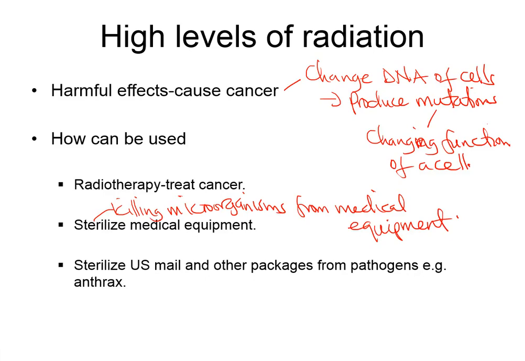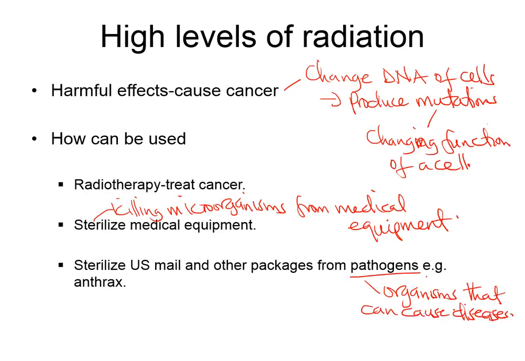They use it to sterilize US mail and other packages so that the mail does not contain pathogens like anthrax bacteria. So these pathogens are organisms that can cause diseases, even death.